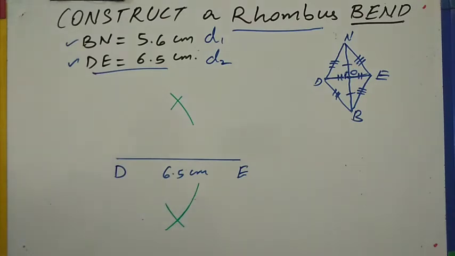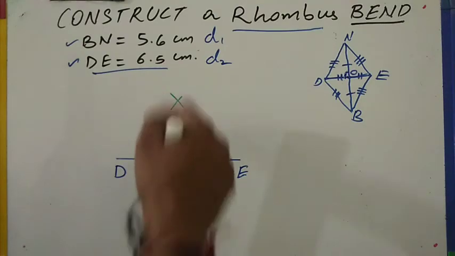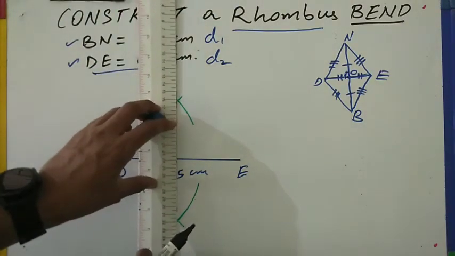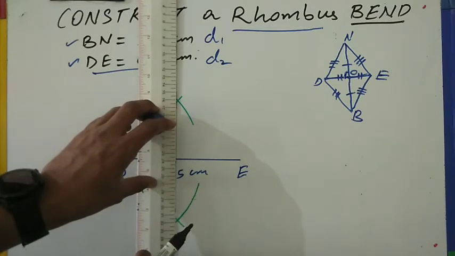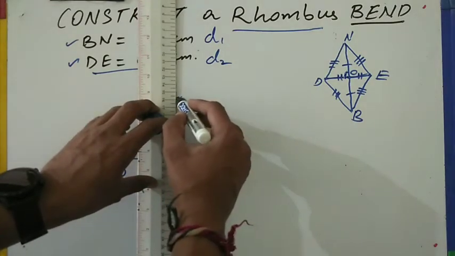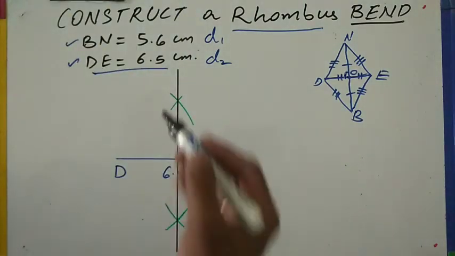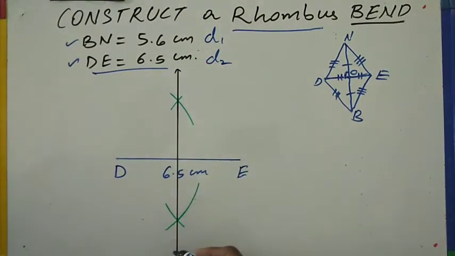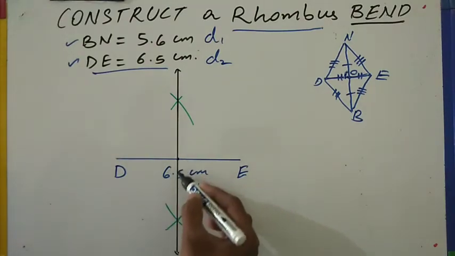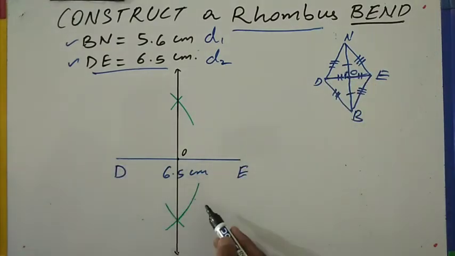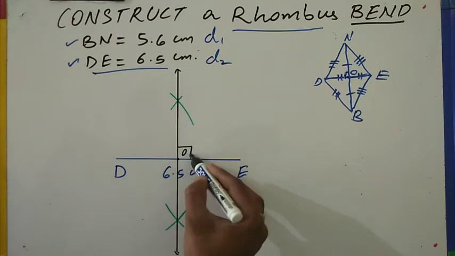Now, we got 2 points, we will not name them, just join them and make a line. If I make a line here, then this is the O, as I said, midpoint of DE, and here is a right angle.